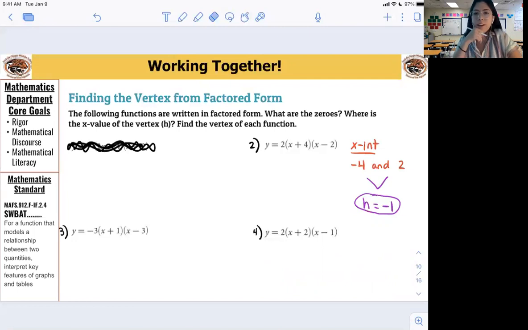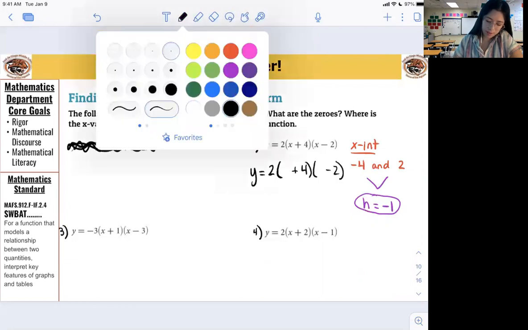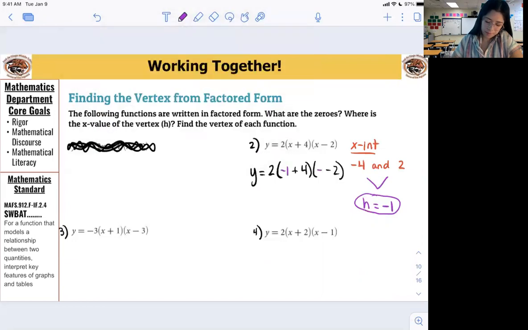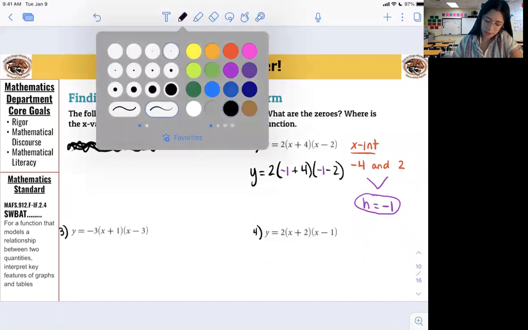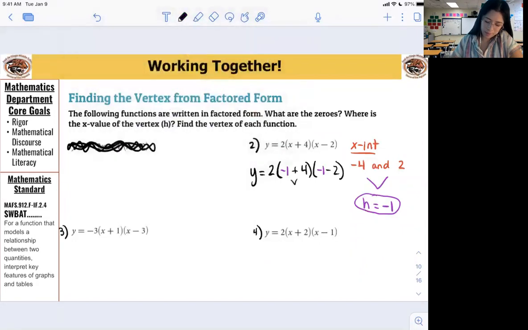Now what do I do with that h? Plug it back in. So y equals 2 times, I'll plug in for x, -1. All right, what is -1 plus 4? 3.